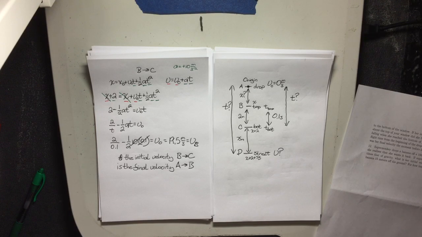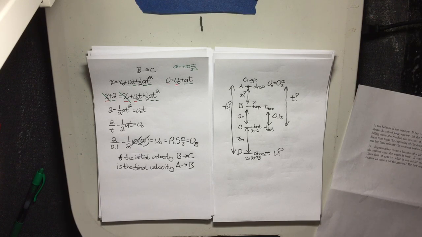So now this is the dumb question that you should go, how dare you ask me such a question? I'm already looking. If we know that the velocity initially going from B to C is 19.5 meters per second, what is the final velocity of Taylor Swift when you go from A to B? 19.5.